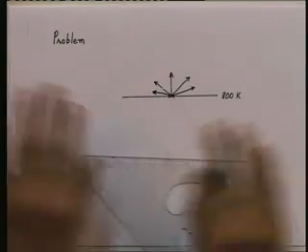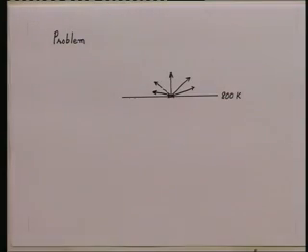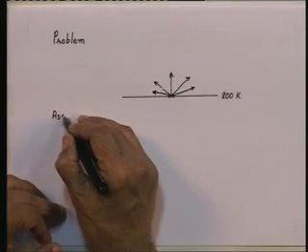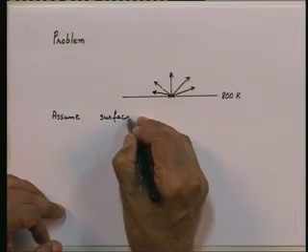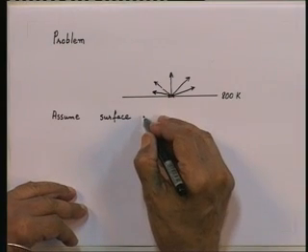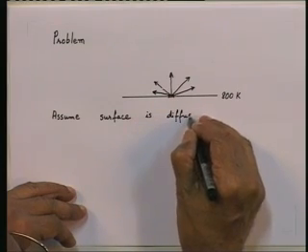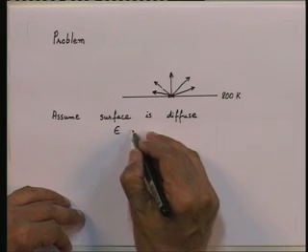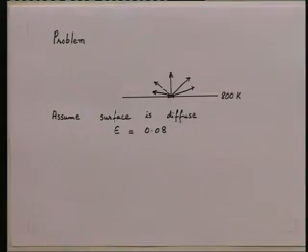Now, let us assume the surface emits radiation in a diffuse manner, or assume the surface is diffuse, and let us say that the emissivity of the surface is 0.08. The surface is at 800 K with an emissivity of 0.08, and it emits in a diffuse manner.